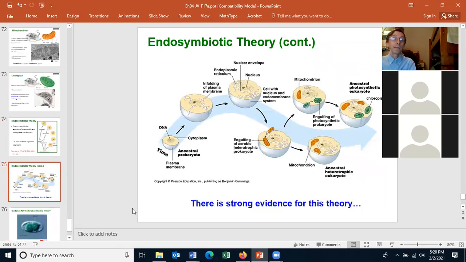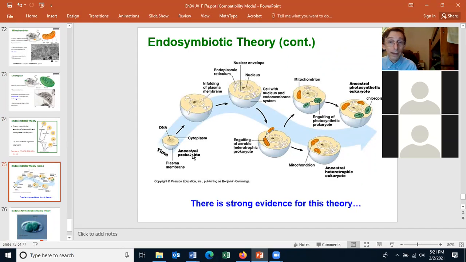All right, so the endosymbiotic theory states that a long time ago there was an ancestral prokaryotic cell that got incorporated inside of an early proto-eukaryotic cell.